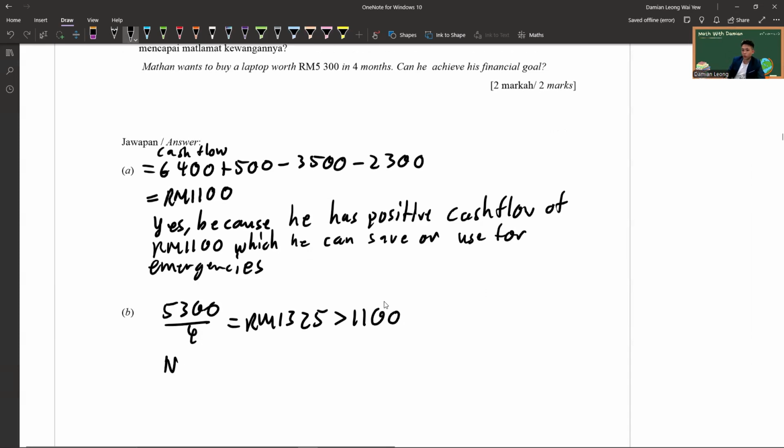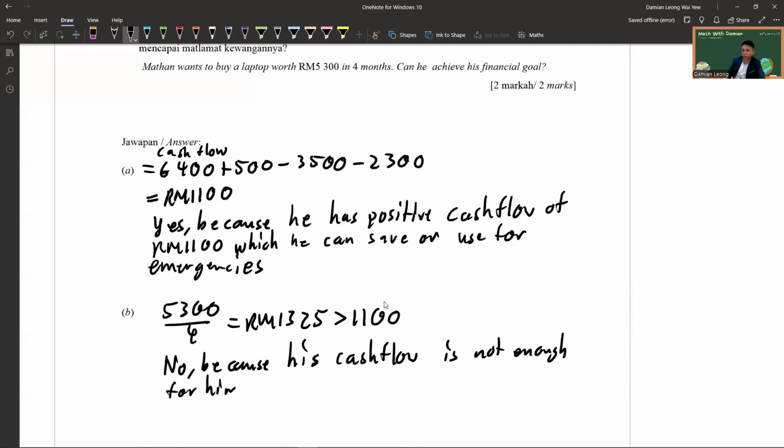So no, because cash flow is not enough for him to save 5,300 ringgit in 4 months. Basically, that's it. Okay.